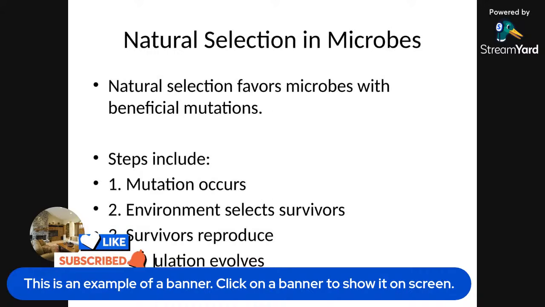Natural selection favors microorganisms with a beneficial mutation. Just like I told you, the changes in the genetic makeup of individual microorganisms help them to survive in that environment, which is so beneficial to them. The steps they normally take are, first, mutation will take place. That is, they will change; there will be alteration in their genetic makeup.